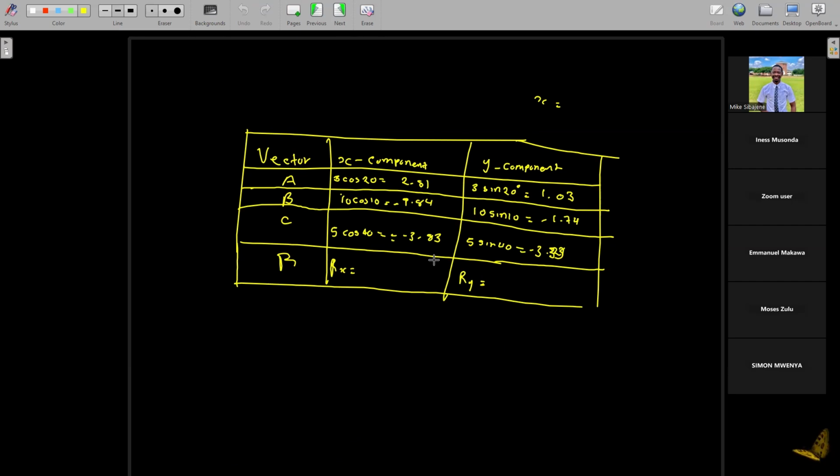So now try to add. 10 cos 10, you got what? Must be 9.85, because we round it off. Thank you. Someone add the X and someone add the Y and give me the values so that we don't waste time.